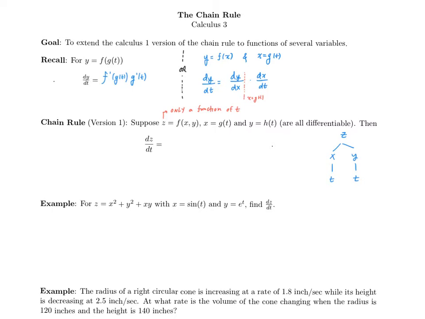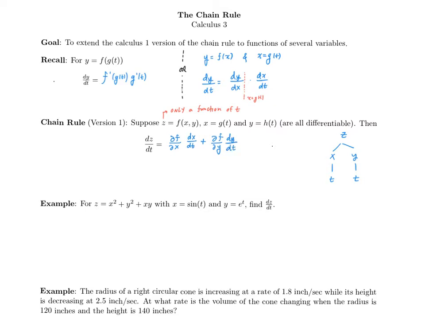And in the version of the chain rule, we take the derivative of f with respect to x, and that is a partial derivative, and then we multiply by dx/dt. Similarly, we have to add on to this the partial of f with respect to y times dy/dt.